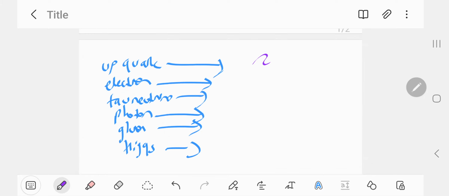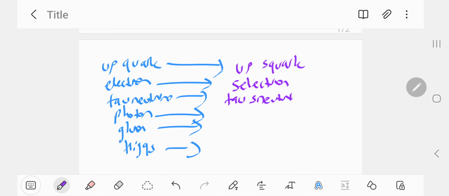Well, up quark is a fermion. If you put an S at the front, it becomes up squark. An electron, it's a fermion. Its boson partner is selectron. Tau neutrino is the fermion. Its boson partner is called the stau neutrino. Not that I can pronounce it.